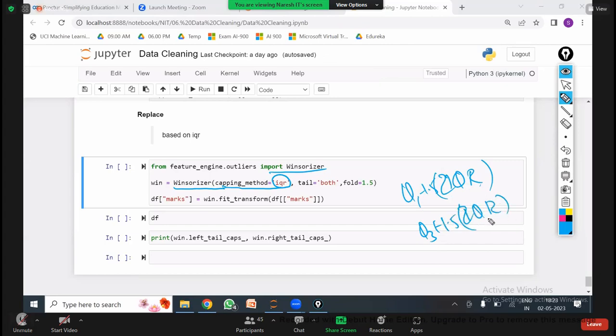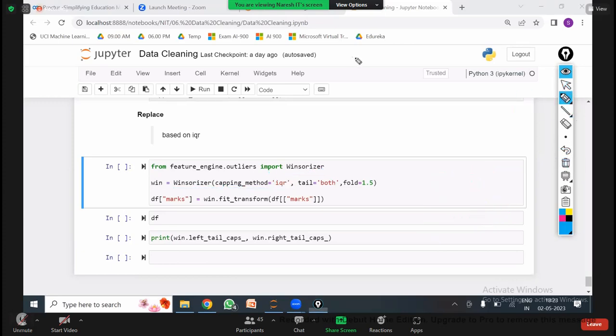Once both sides are calculated, any value less than 8.5 will be replaced with 8.5, and any value greater than 52.5 will be replaced with 52.5. That is called the Winsorizer technique.